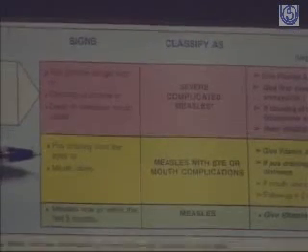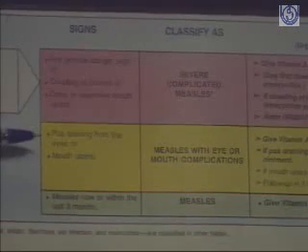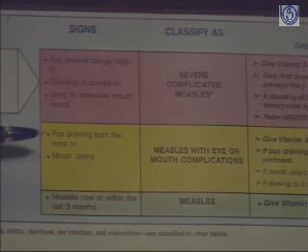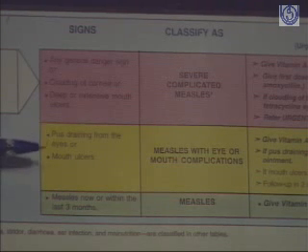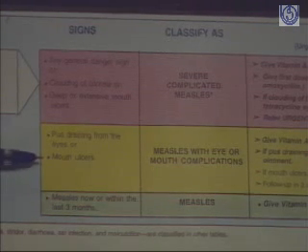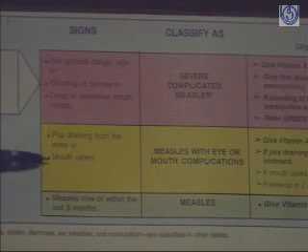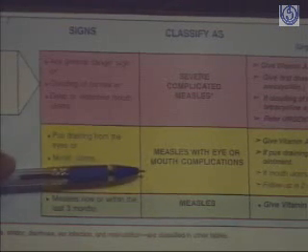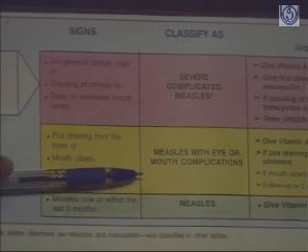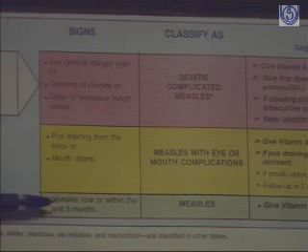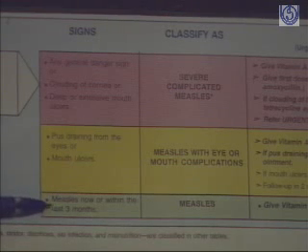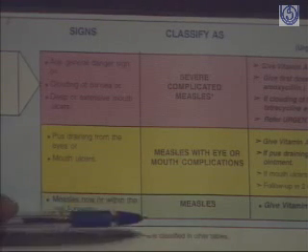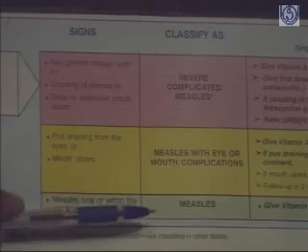And if none of the signs from the red is there, then we move down: if there is pus draining from the eyes, or superficial mouth ulcers are present, this becomes measles with eye or mouth complications. And if none of the signs are present from the red and yellow, then we will classify this as measles.